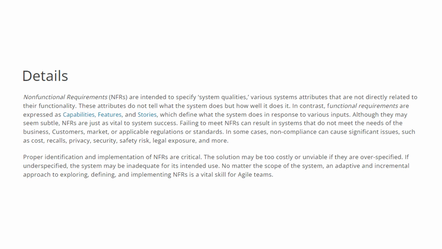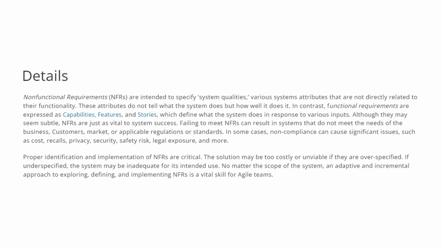Failing to meet NFRs can result in systems that do not meet the needs of business, customers, the market, or applicable regulations or standards. In some cases, non-compliance can cause significant issues such as cost, recalls, privacy, security, safety risk, legal exposure, and more. Proper identification and implementation of NFRs are critical.